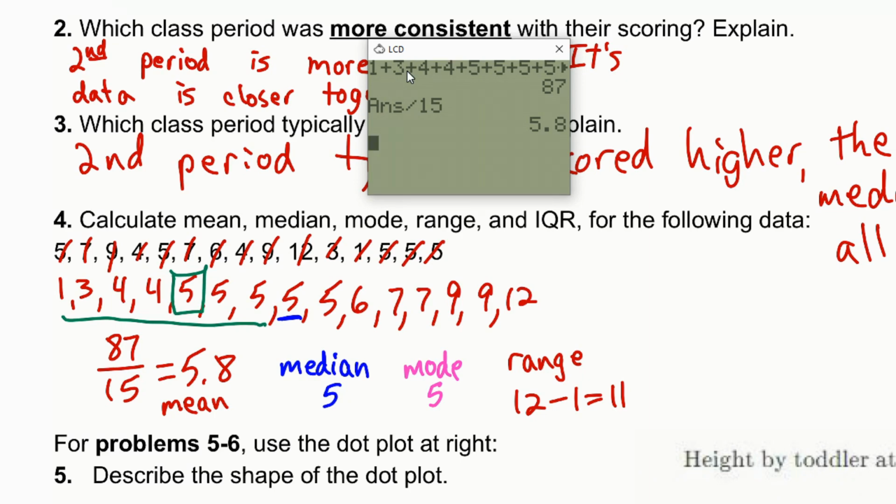In the top half of data, the fourth one will be our 75th percentile. So for the interquartile range, we do 7 minus 5, which is 2. That's our interquartile range.